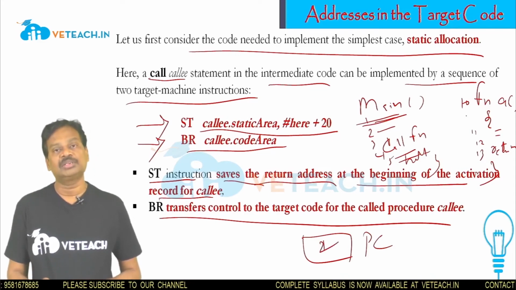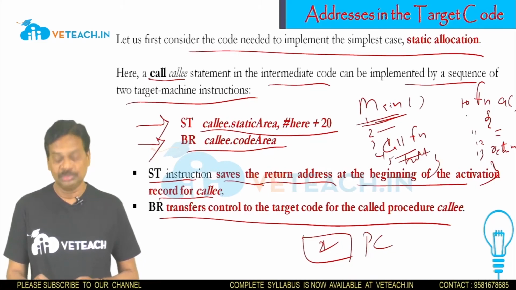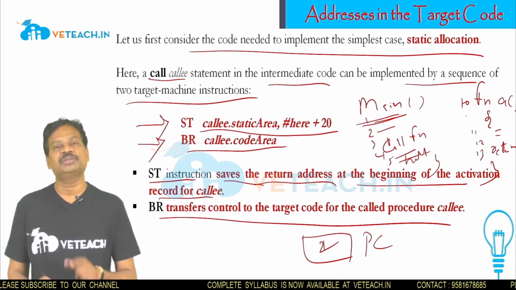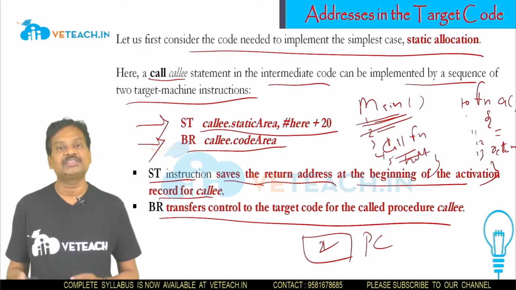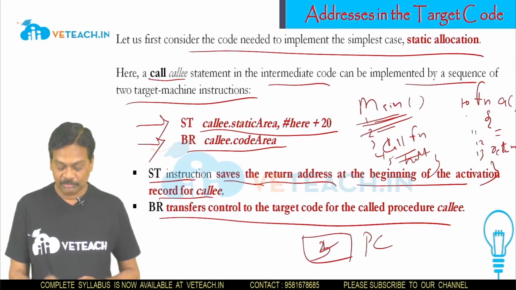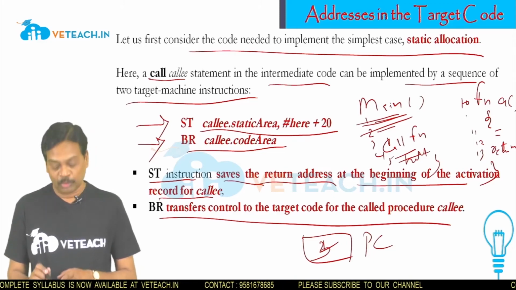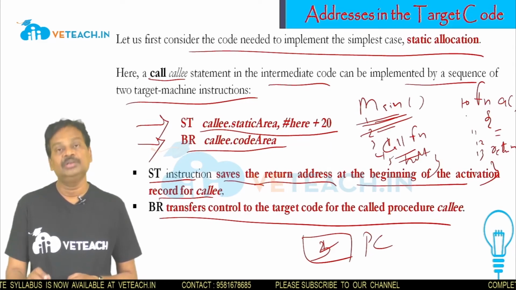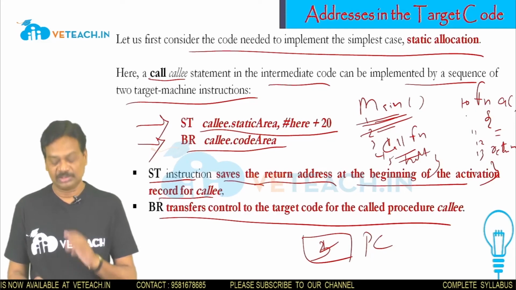Once the second line starts execution, it becomes 3, because it has to be incremented by 1. That means the second instruction is executing.